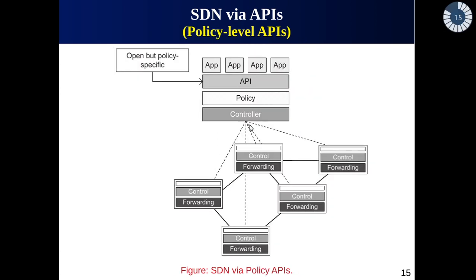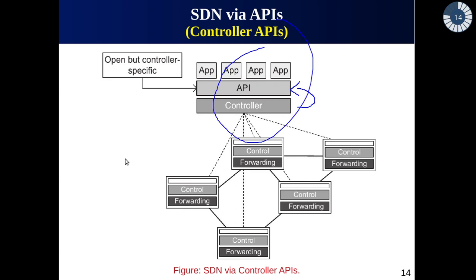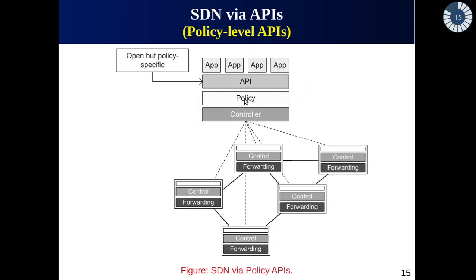Our third SDN via API is the policy level API. These two are the same things. The difference is only that here we are dealing with policies now. So this is another approach, and it provides a level of APIs which actually resides at a layer above the controller. You see, we have an API above the controller, but we also have the policies here.